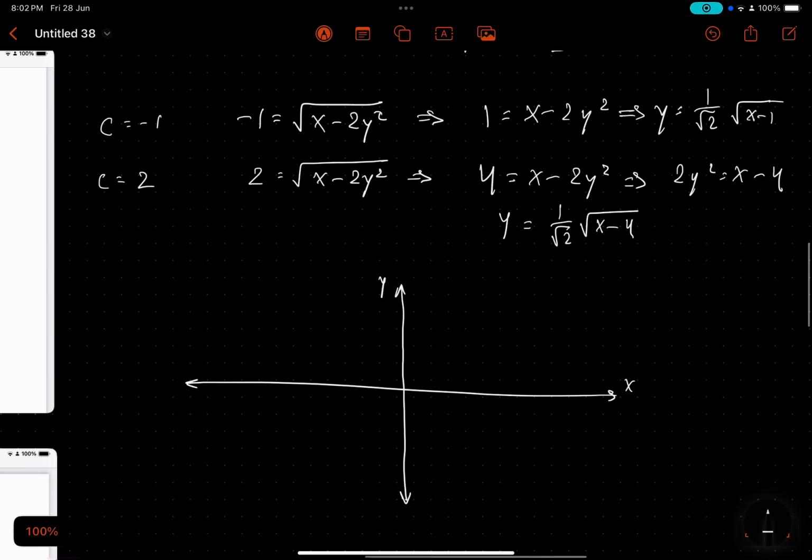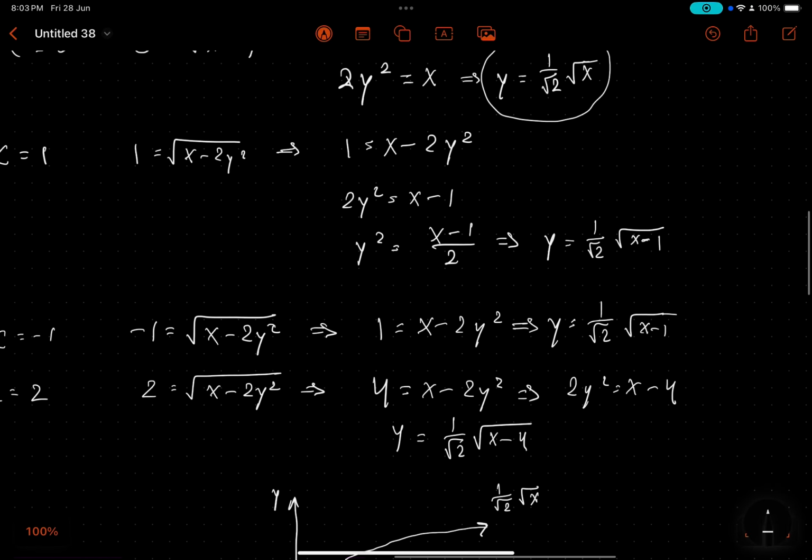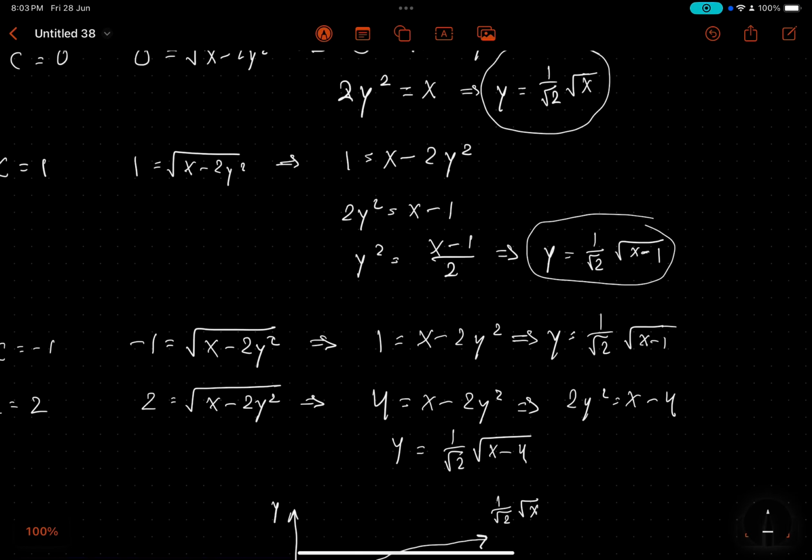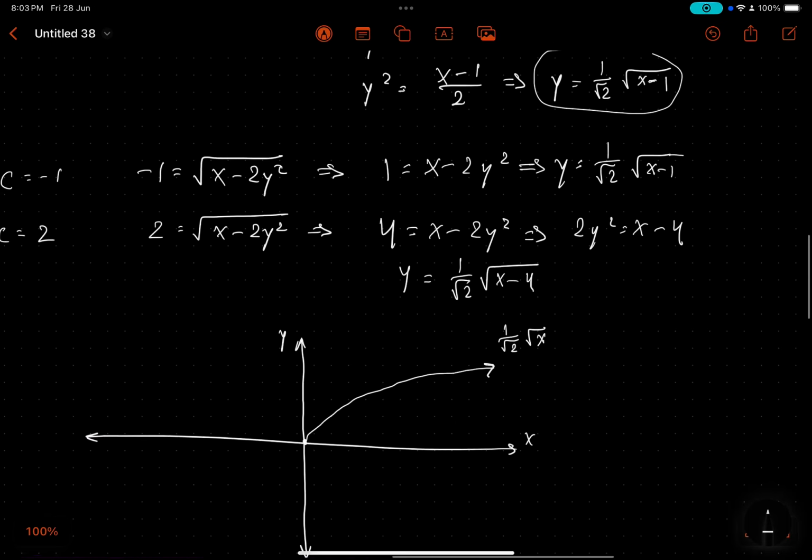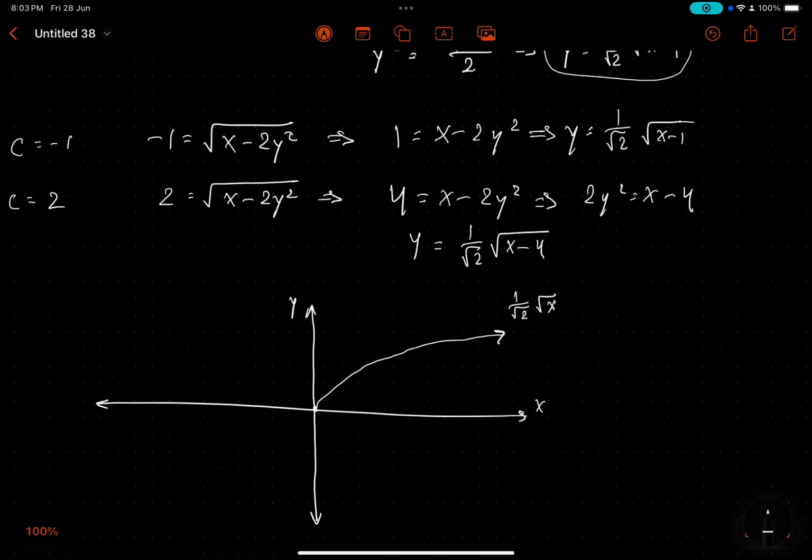So let's say this is 1 over root 2 square root of x, and it goes like this. Then the second level curve is y equals 1 over root 2 times the square root of x minus 1. So we have 1 here, and we draw the same curve like this.